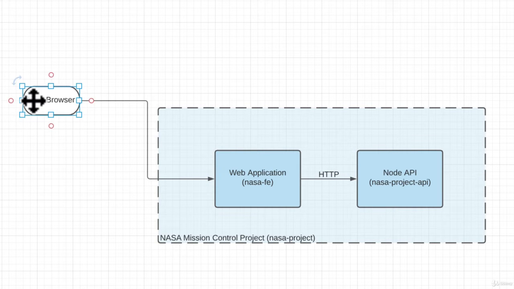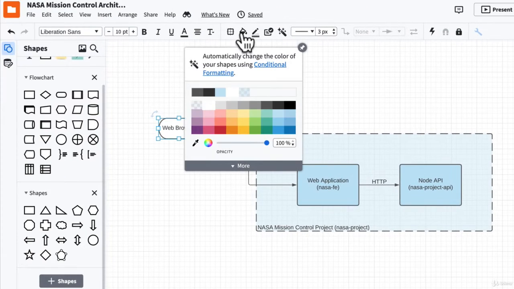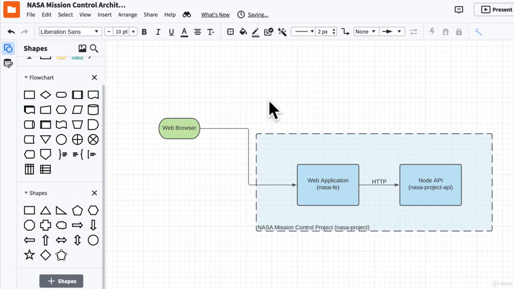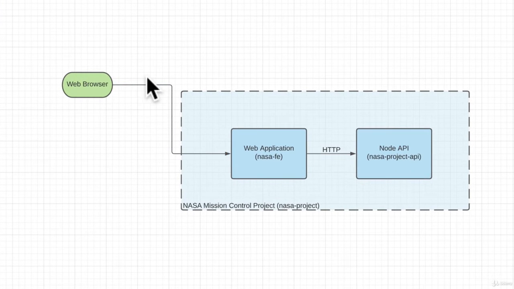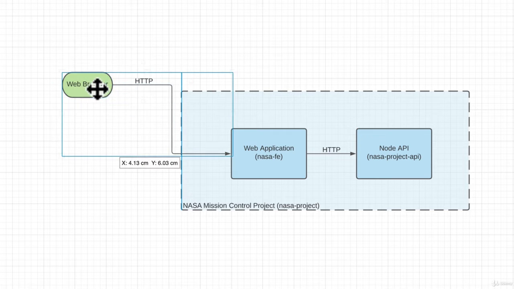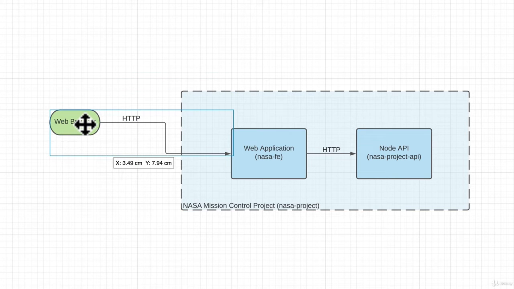So I'll make this a different shade because it's outside of our Node code. Maybe it'll be green, where green will represent devices that interact with our NASA Mission Control project. And we'll make sure to mark that our web browser talks to our web application over the HTTP protocol.